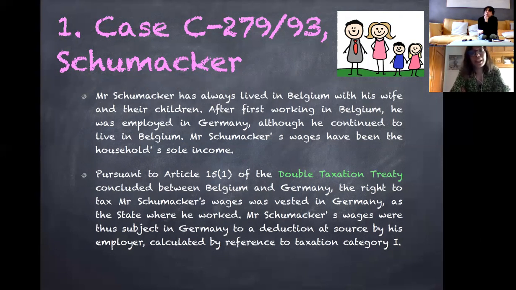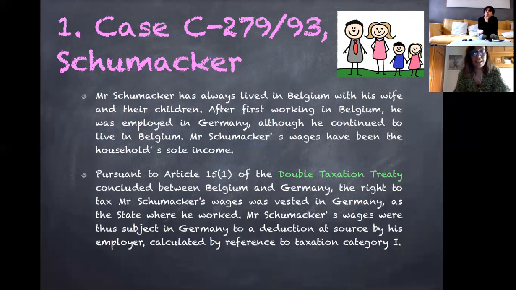According to the double taxation agreement between Germany and Belgium, salaries and income from labor were taxed in the place in which the work was done.